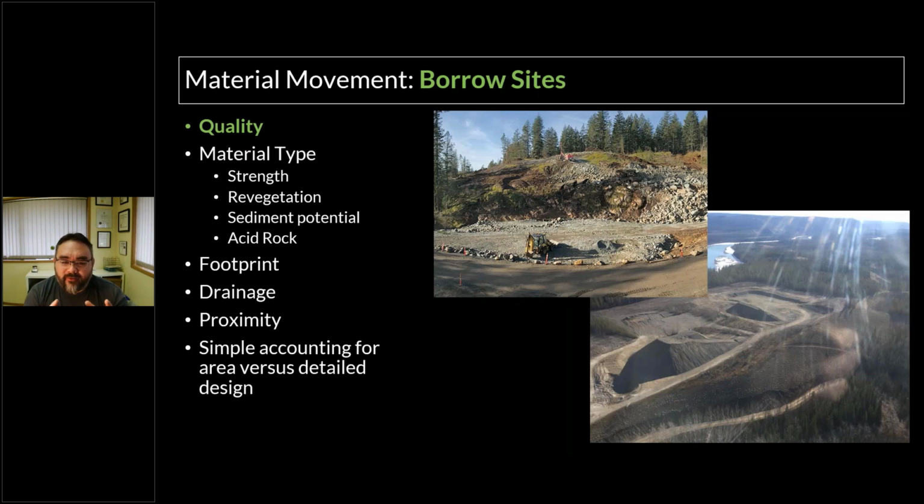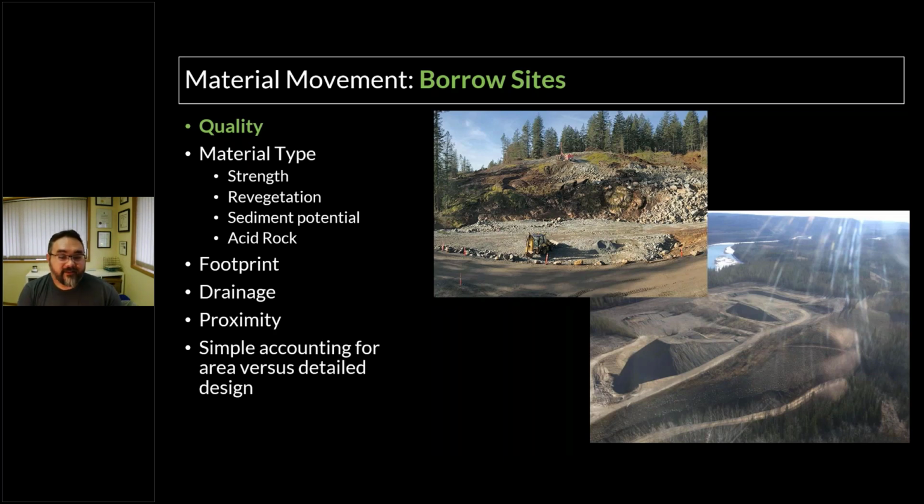But for the impacts, we have to consider where that borrow site is located. So how big it is overall, how it can be reclaimed, and how will it impact drainage. Sometimes you need a specific drainage plan for the site. And if it's a borrow and rock, understanding things like metal leaching and acid rock drainage.